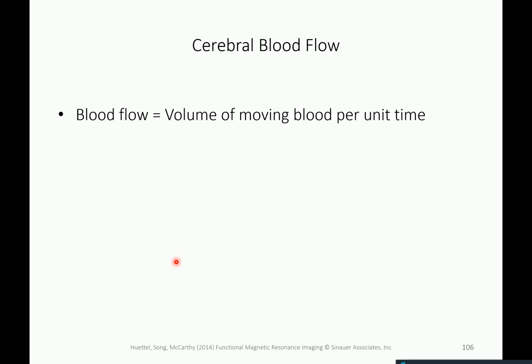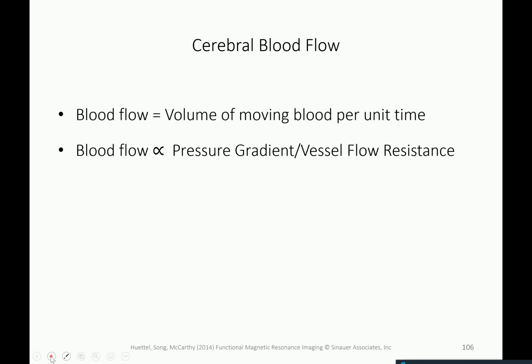And like current, it depends on the potential gradient, in this case the pressure gradient, so how much more pressure there is for blood to flow through a certain vessel on one side compared to the other side, and on the resistance of the vessel.